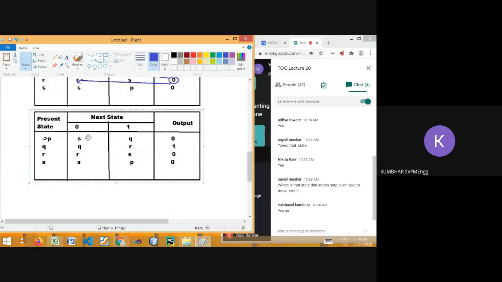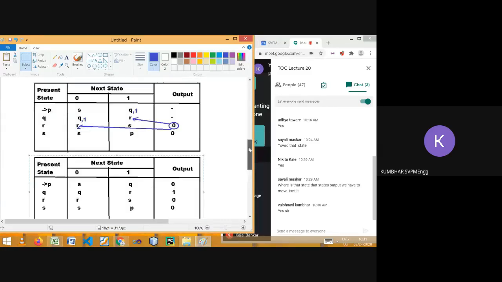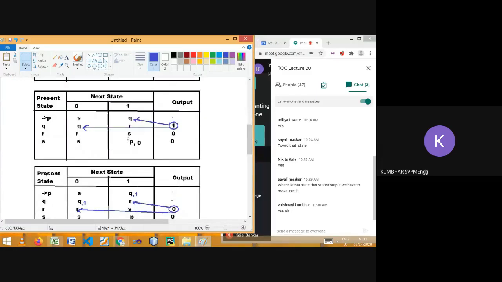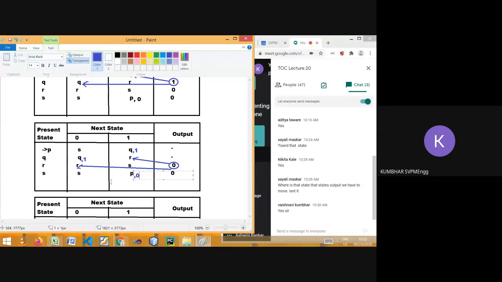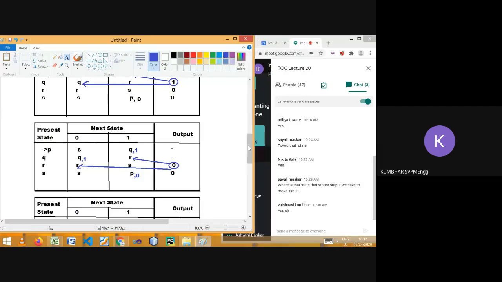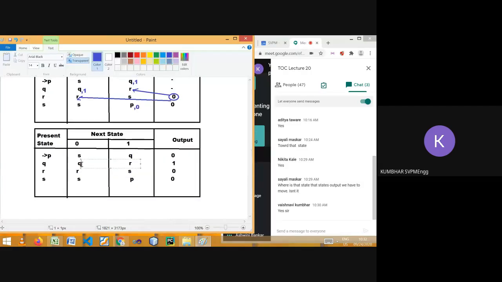After moving it, ultimately I have to copy this part also, so let me correct that. Here P comma 0. The previous transition should be maintained. Then in this third step, we have completed Q comma 1 and R comma 0. Already we have done Q, so I will maintain that as it is for the next step.